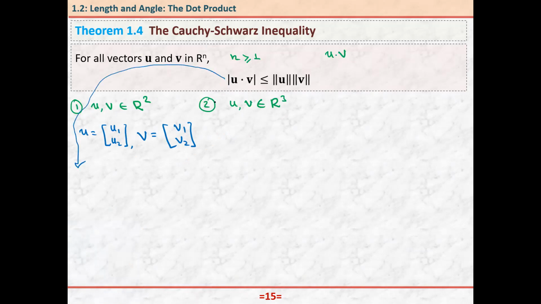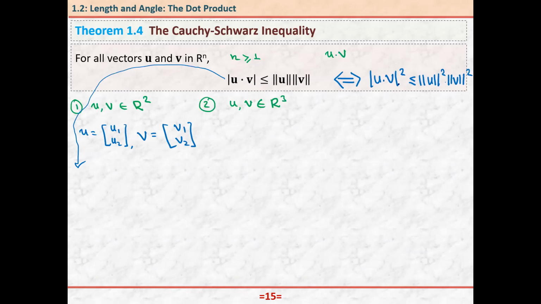The left-hand side is positive, and the right-hand side is positive. Since both sides are positive, this is the same as u dot v squared, since if I square both sides the inequality does not get affected. Here we have norm of u squared times norm of v squared.